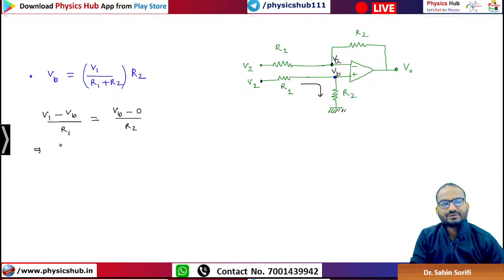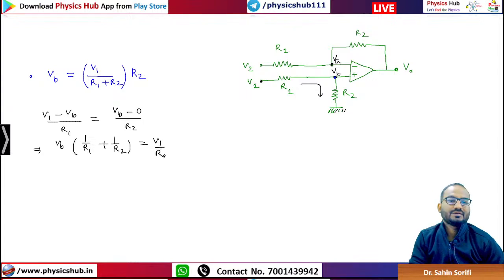So what we have, if you take VB common, 1 by R1 plus 1 by R2 is equal to V1 by R1.